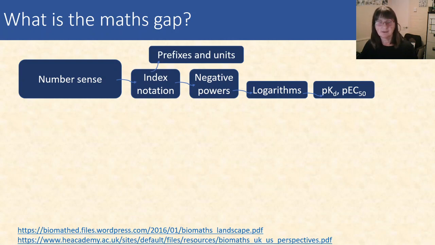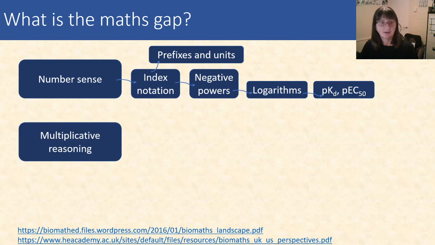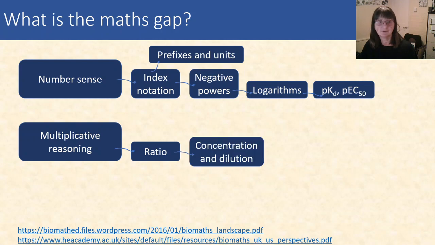I think addressing some of the misconceptions around prefixes is relatively straightforward and easy to do. The ideas of multiplicative reasoning: a lot of the pedagogy around teaching ratio has improved over the last 10-20 years. There are a lot of good ways of scaffolding ratio calculations and ratio reasoning, and I think we should be more aware of those approaches, particularly because calculating concentrations and dose rates and so on is so fundamental.